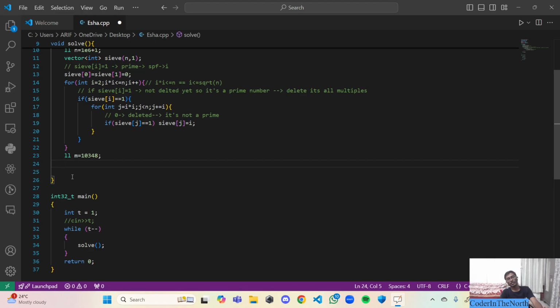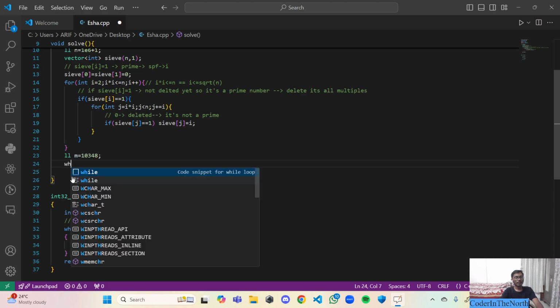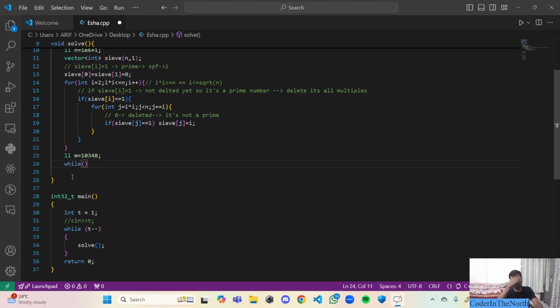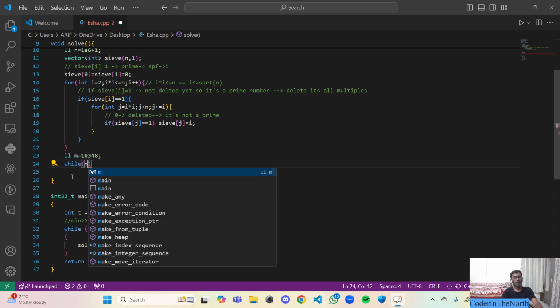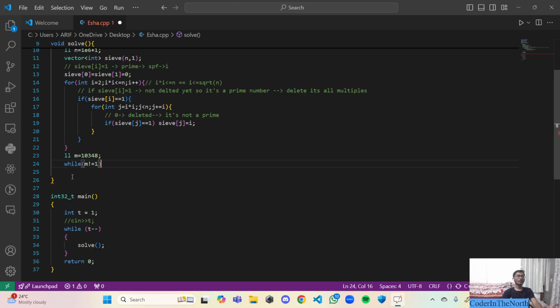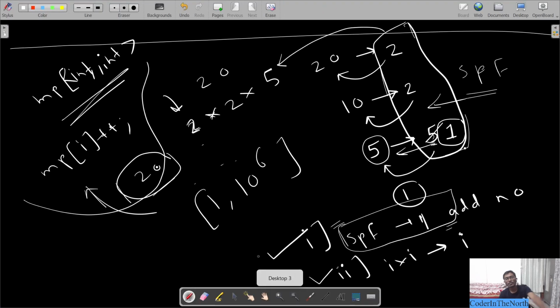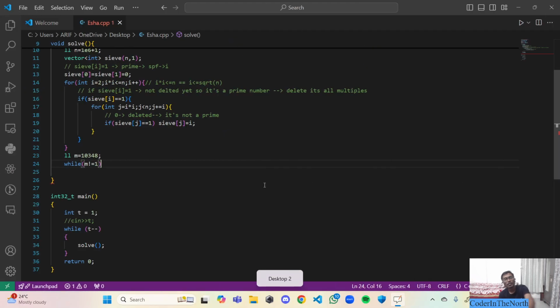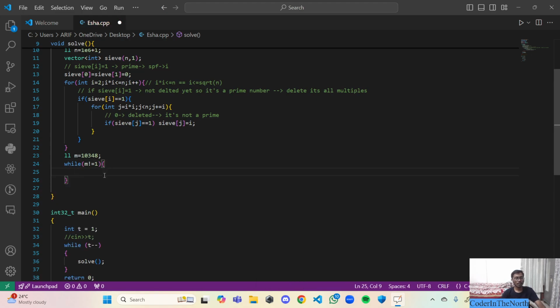Like in this case, what was it? 2 into 2 into 5. So we printed 2 two times. So what will be here? In the first case, while m is not equal to 1, because at the end we stop when the number becomes 1. So while m is not equal to 1, cout sieve of m.